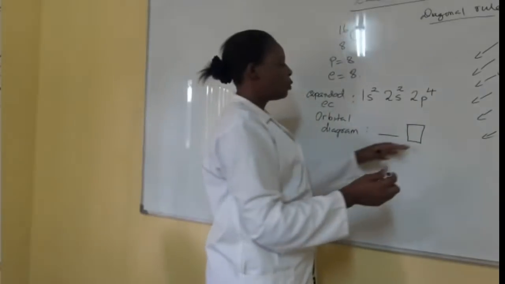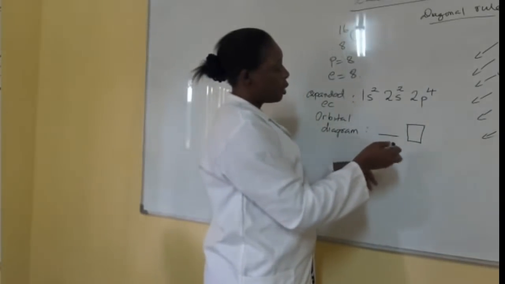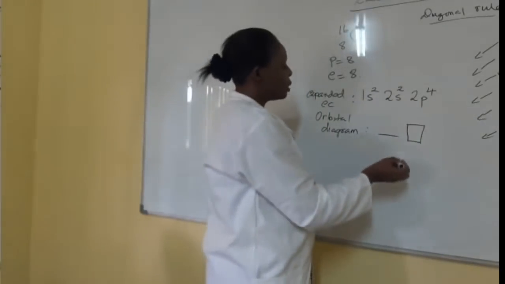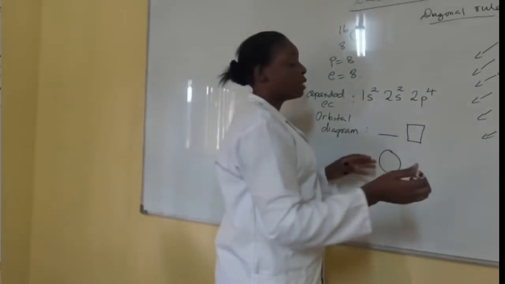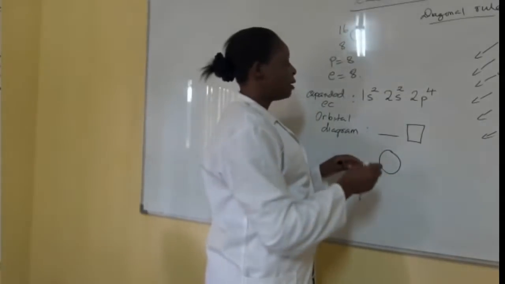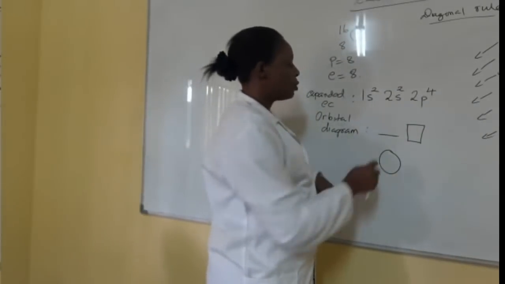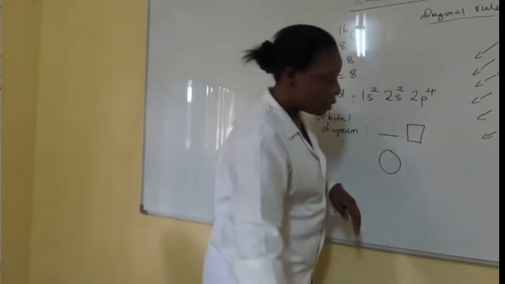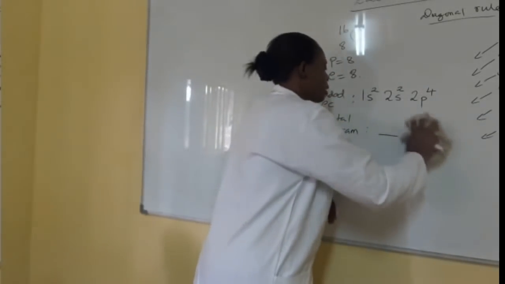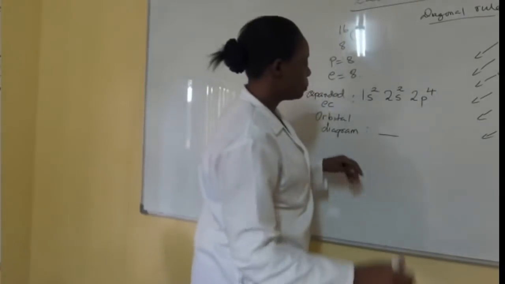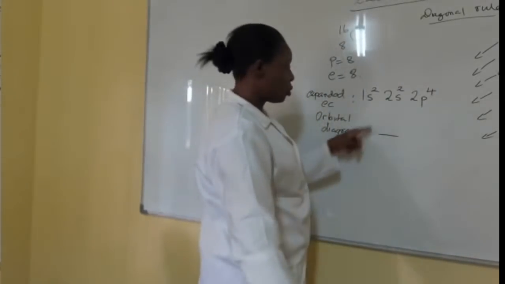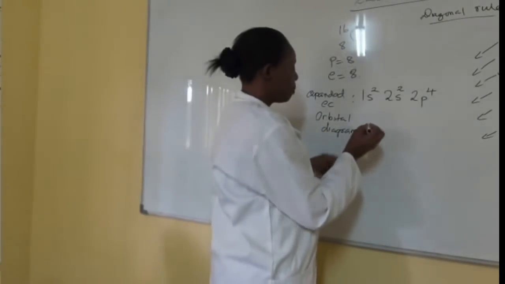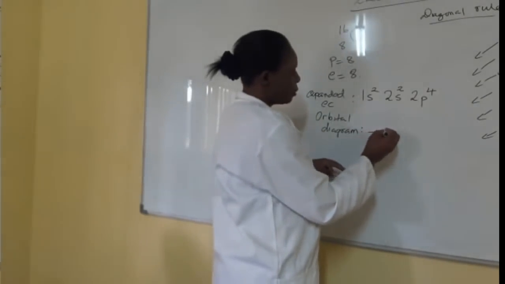Since you can't go around writing shapes of orbitals, the s orbital is spherical and so on, to simplify orbitals, you can either use a line or a box. So I'll use a line myself. I'll start with the s orbitals. This is 1.